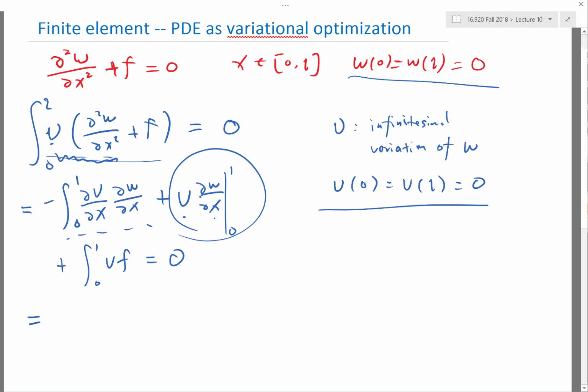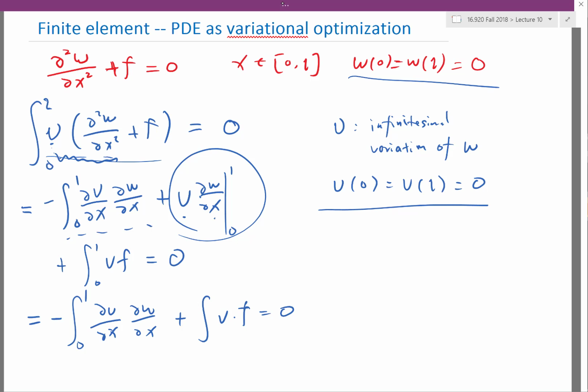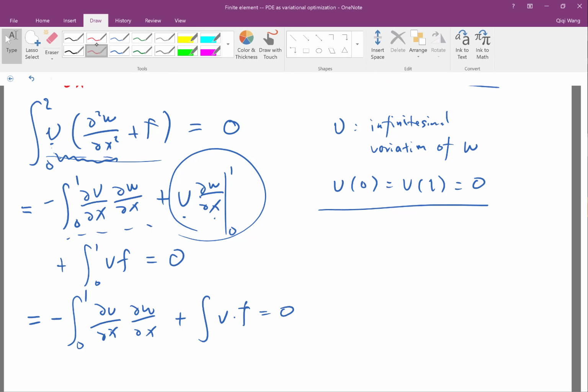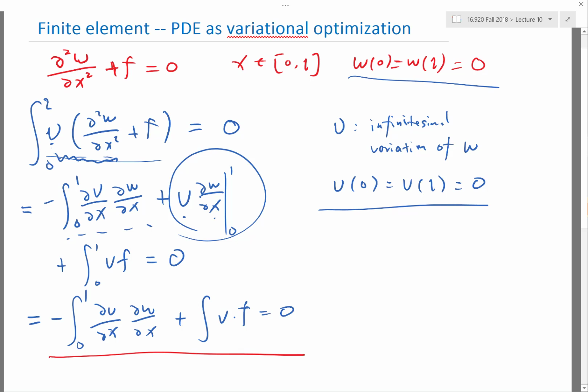And what we are left with is minus the integral of dv/dx, or equivalently a small variation in dw/dx, times dw/dx itself, plus the integral of vf is equal to 0. So here, let me highlight that what we derived is actually the weak form of the Poisson's equation. So this is the weak form.